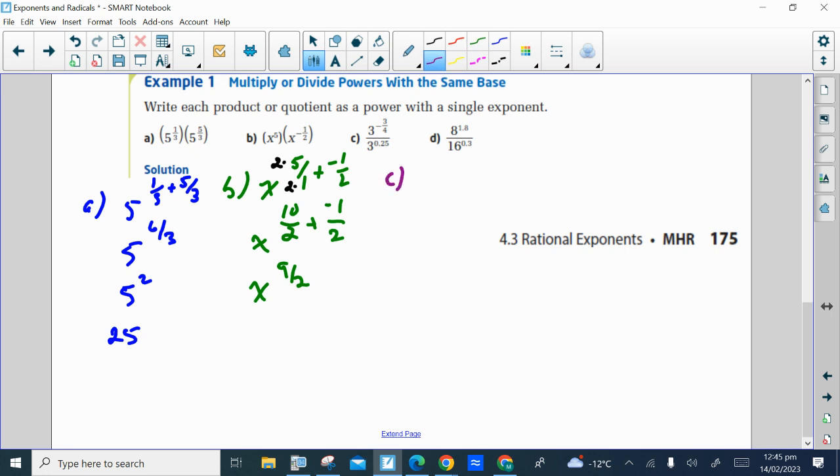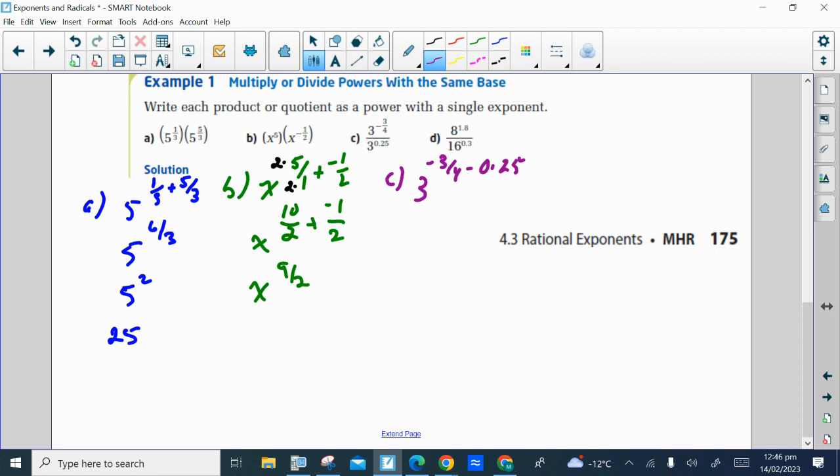Question C. In this case, we're dividing powers with the same base. So the law says we subtract the exponents and keep the base the same. This will be 3 to the negative 3/4 minus 0.25. And in this case, obviously, one of those powers is a fraction. The other is a decimal. Let's see if we can write them in terms of the same form.